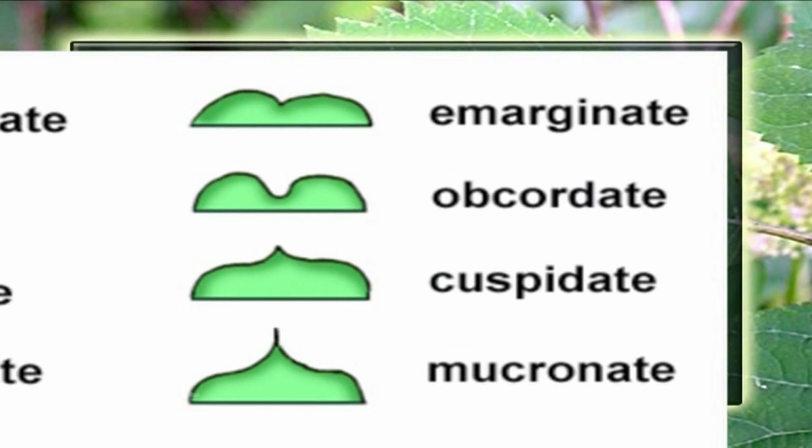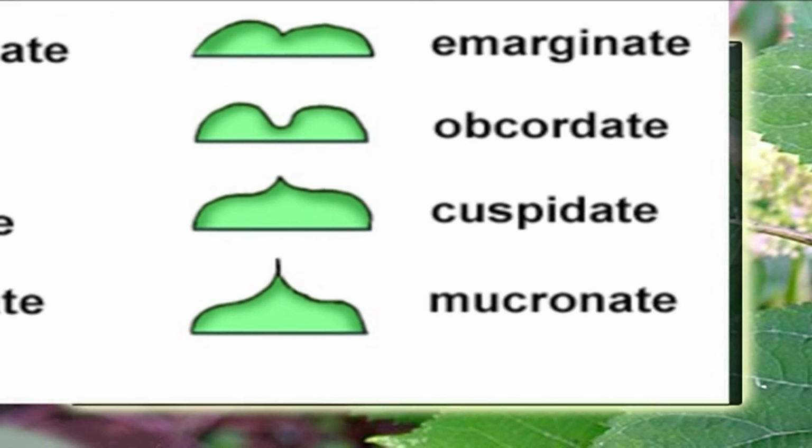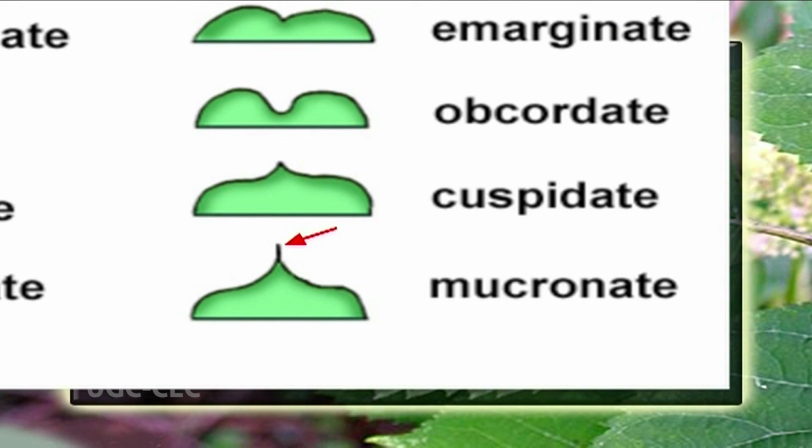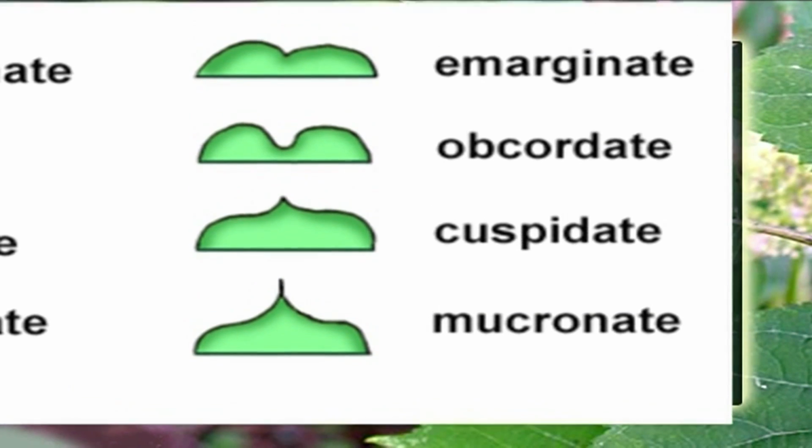Then emarginate. The apex of the leaf is notched towards the petiole at the midvein. For example, in Begonia. Then mucronate. A rounded apex terminated abruptly in a short point on midvein. For example, leaflets of Acacia obtusifolia or Crotalaria mucronata.